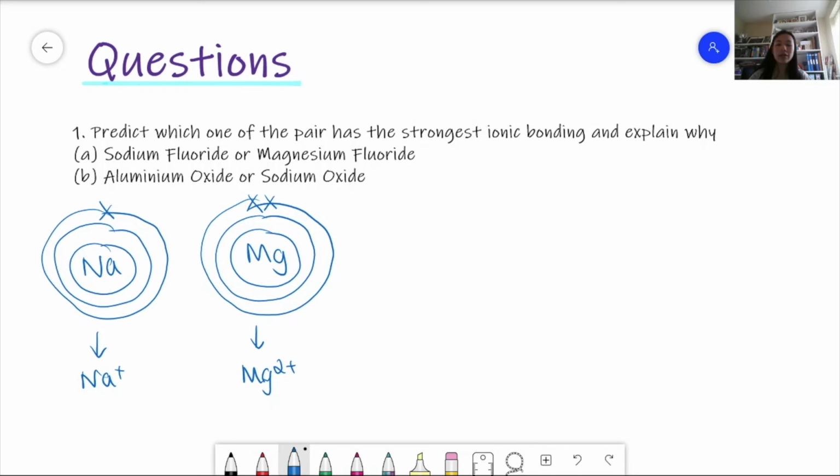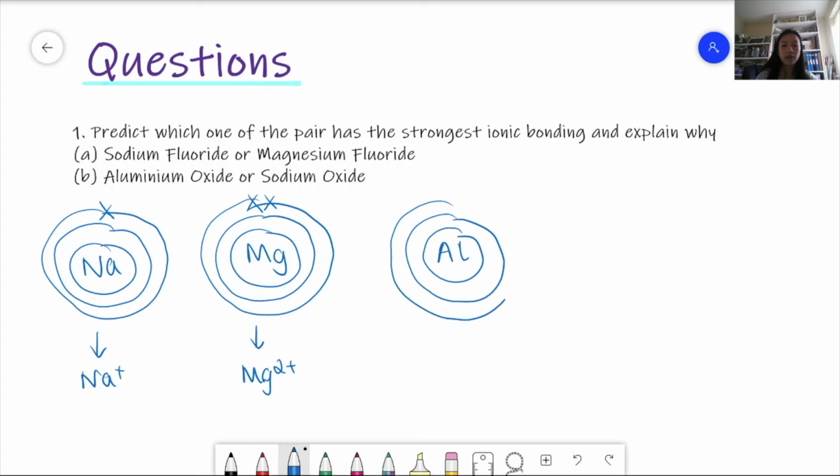So this is a very similar thing. So we ignore the oxides because they're both the same. And then we have a look at aluminium or sodium. So aluminium is also 3 shells, but it has 3 electrons on the outer shell.